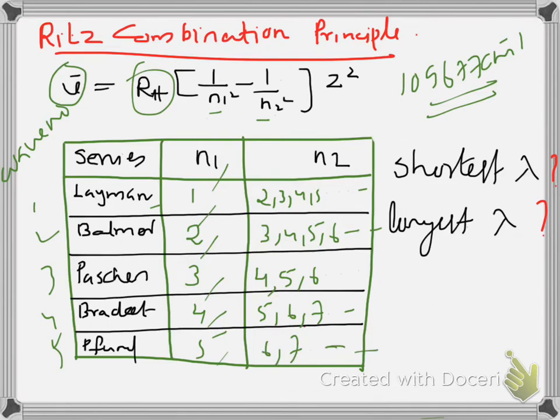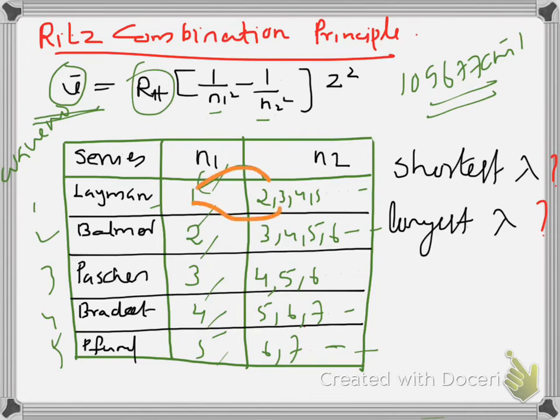The lowest level is n1. From the next higher level onwards, we can write n2. If you have to find the wave number of the first line in the Lyman series, the first line is 2 to 1.